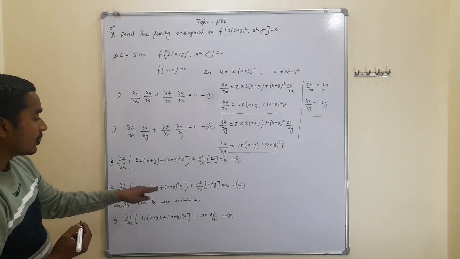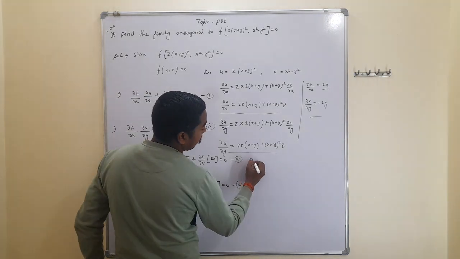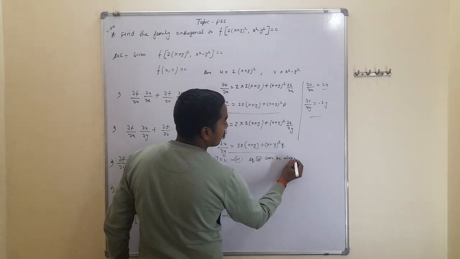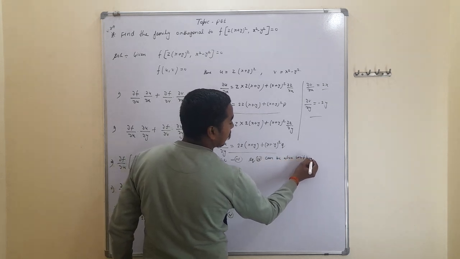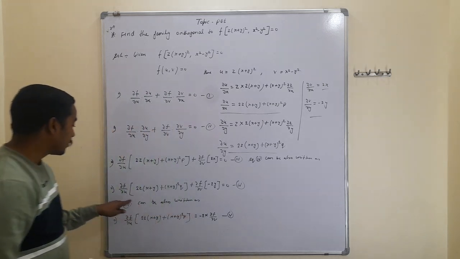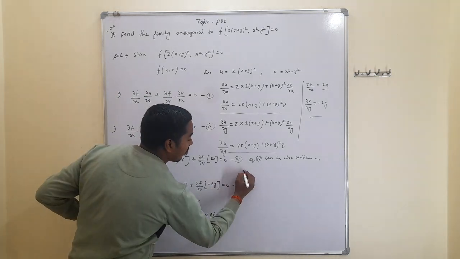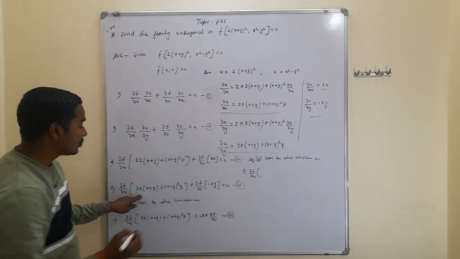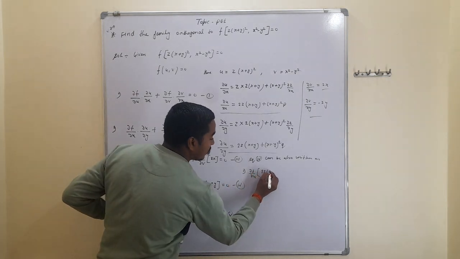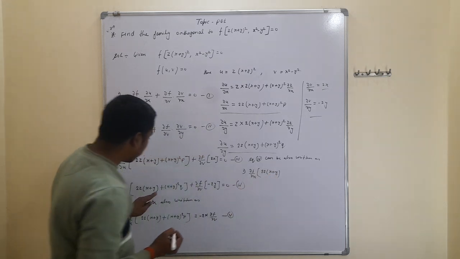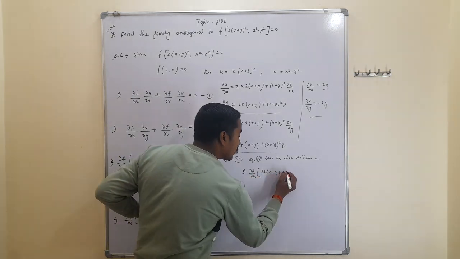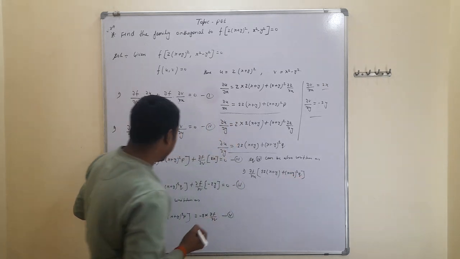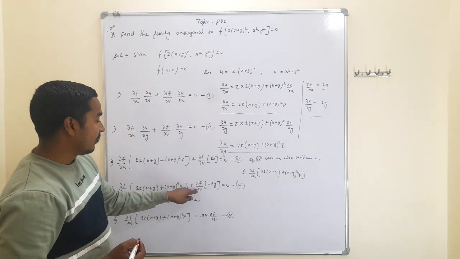And equation 4th can also be written as del f upon del u into 2z into (x plus y) plus (x plus y) whole square into q, and here plus del f upon del v.